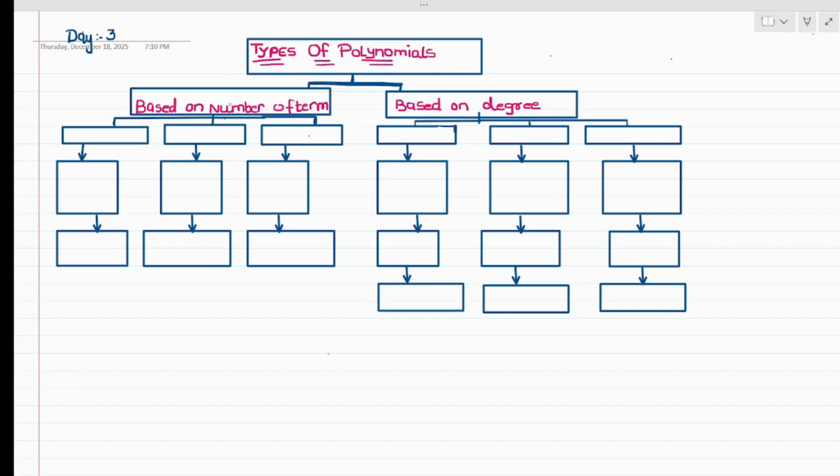Moving ahead with the classification based on number of terms, we have classified into monomial, then binomial, third is trinomial.